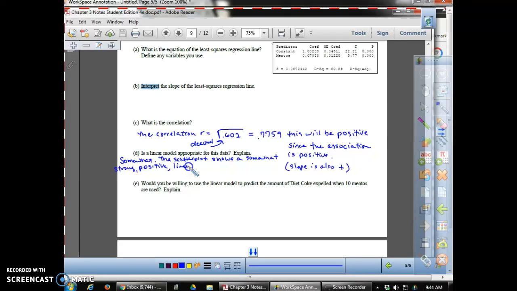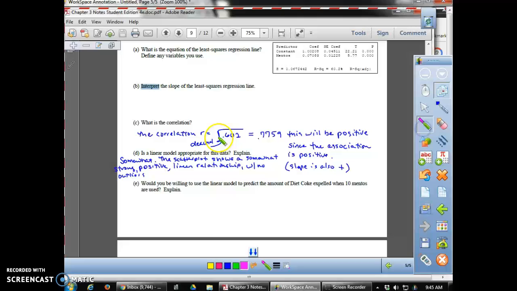So I need to make sure I get all of my dots in there with no outliers. So let me kind of underline where the dots is. So the scatter plot shows a somewhat strong, positive, linear relationship, and then I mentioned my outliers there as well.